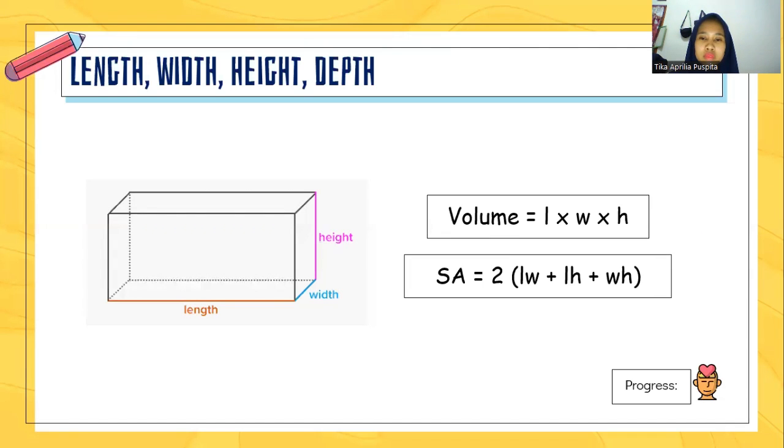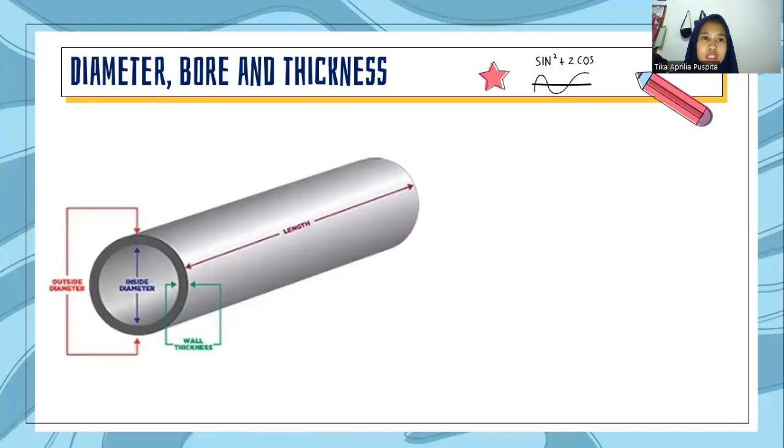So here the volume, the formula for the volume and surface area from this shape. The next one is diameter, bore, and thickness.